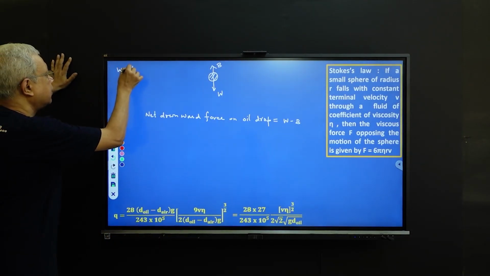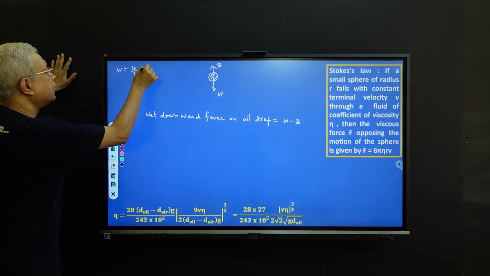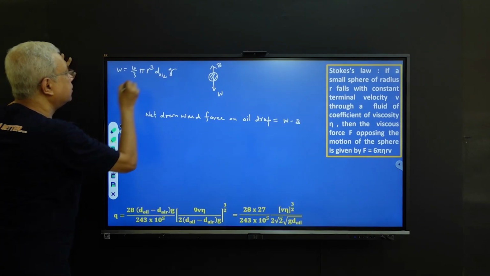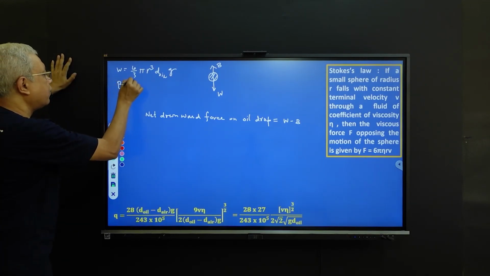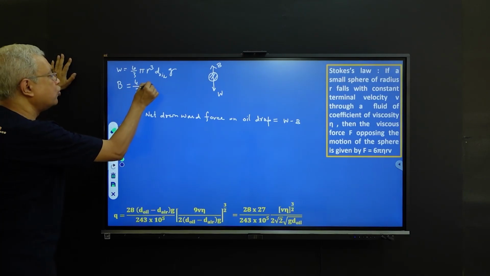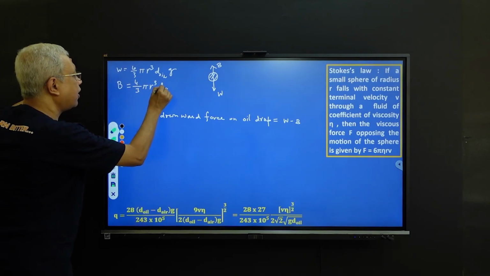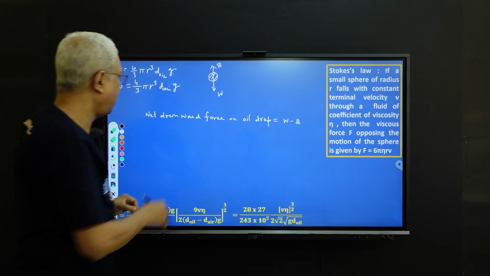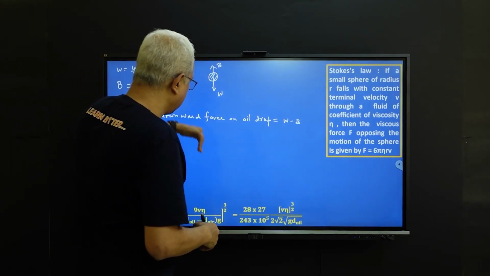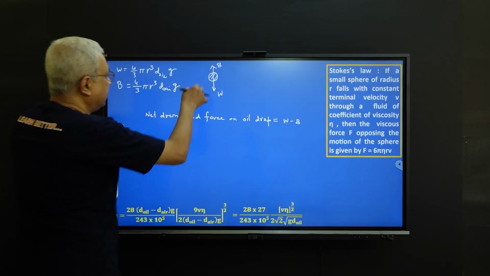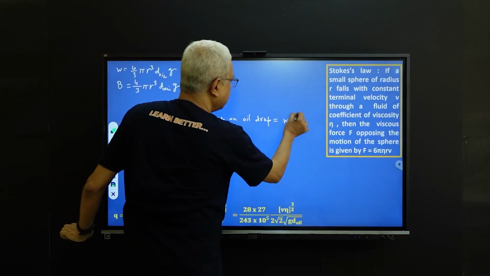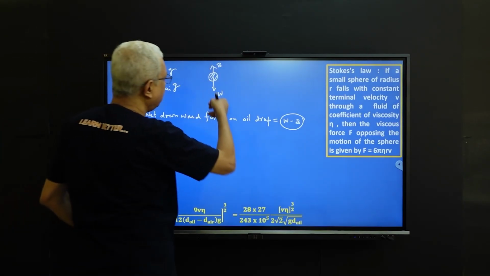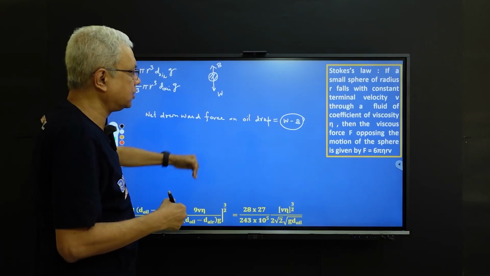W equal to 4/3 π r cube d oil into g, and B is 4/3 π r cube d air into g. Now, when the oil drop falls through the air, the net force acting on the oil drop is W minus B, which is downward, and as a result the velocity of the oil drop increases as it falls down.